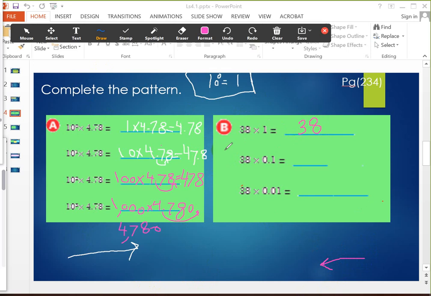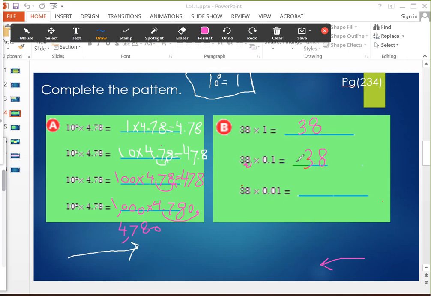Very easy. Any number multiply 1 equals the same number. Now 38 multiply 0.1. When I want to multiply a tenth with 38, I have to move the decimal point only one digit. That's mean the decimal point right here, I have to move it one digit. It will be right here. So the number will be 3.8.